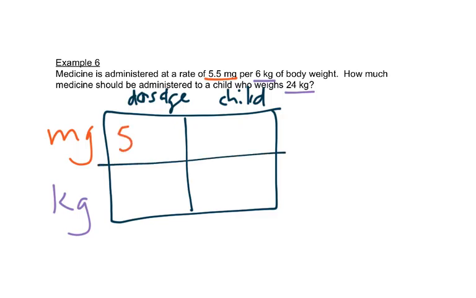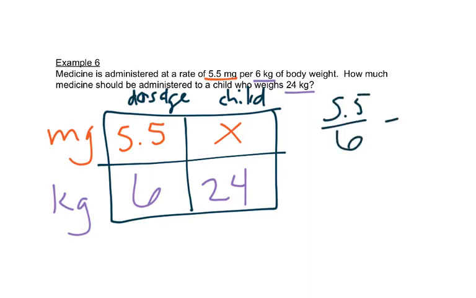So it says 5.5 milligrams for 6 kilograms. And then the child weighs 24 kilograms. So we're trying to figure out how much medicine to give the child. So that's our x. So we'll set up our proportion. 5.5 over 6 is equal to x over 24.